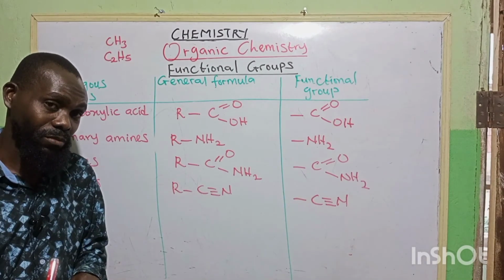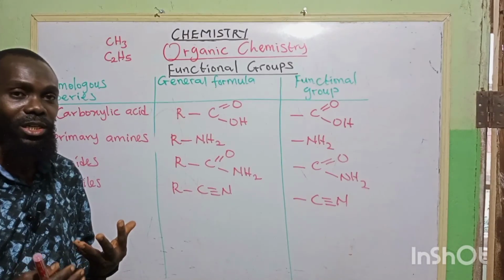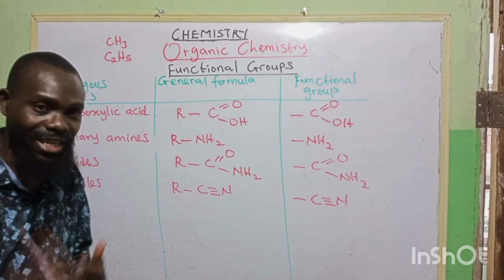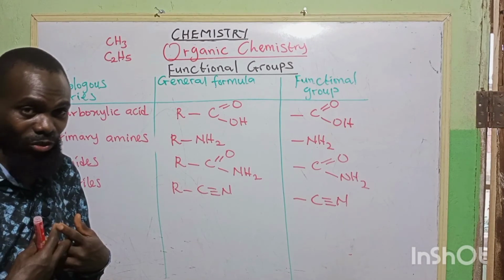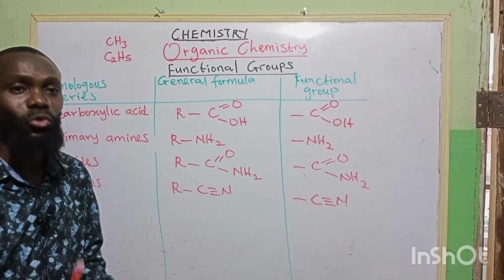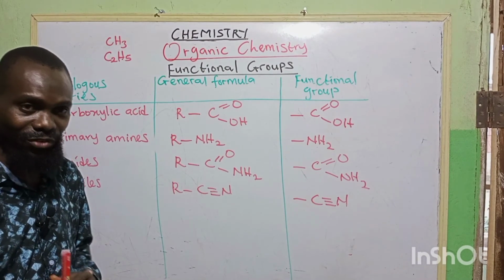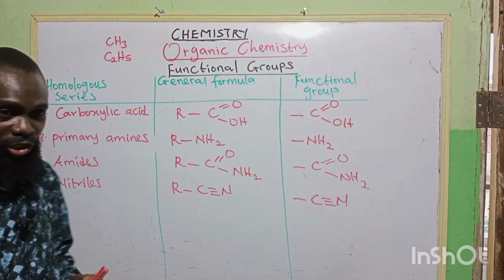While the higher the functional group, the faster the chemical reaction of that organic compound. So, functional group promotes reactivity, alkyl group deters reactivity. This is the difference between alkyl group and functional group.